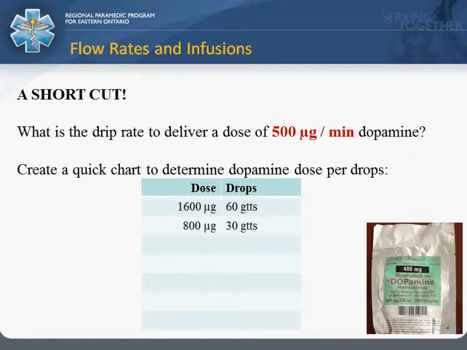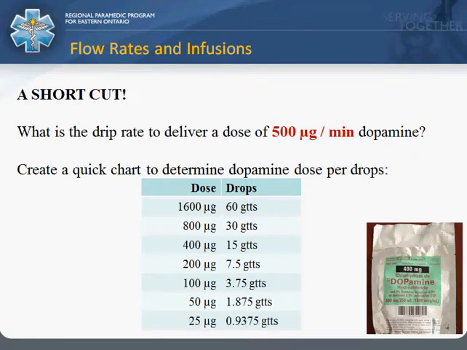800 micrograms is going to be in 30 drops. I know that. I can divide by 2. I can divide by 2 again, and again, and again, and again, and again. So do you see where I'm going with this? I've created a little chart here, and if you want to pause for a second and write this down, by all means, go ahead.